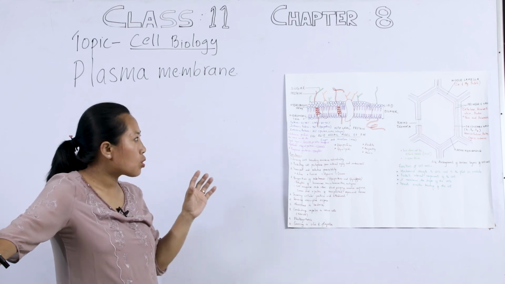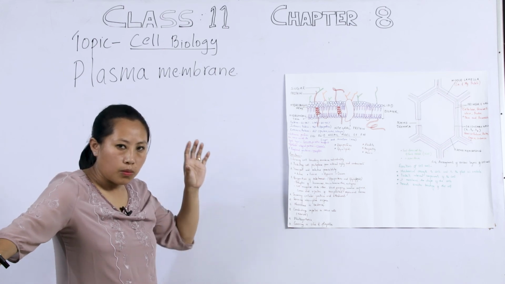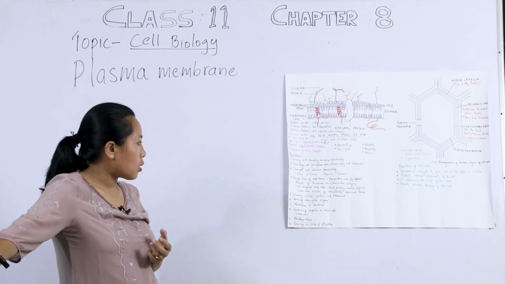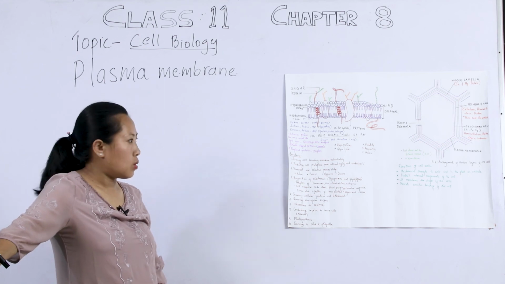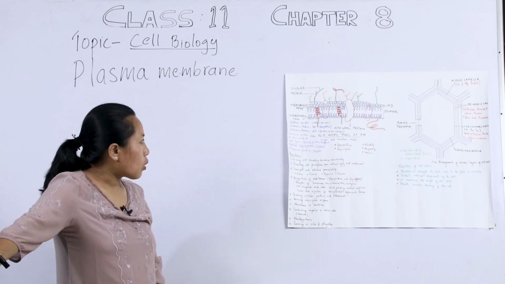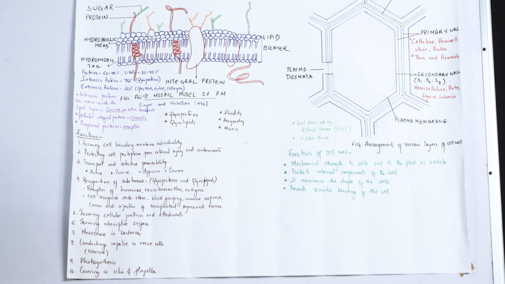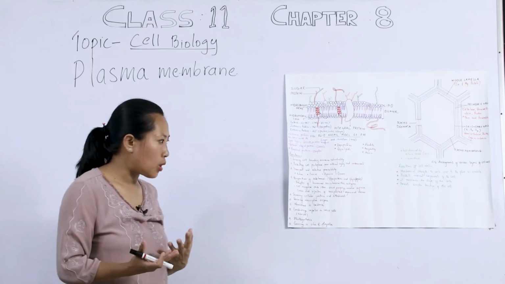They carry the molecules from outside to the inside of the cell, and they can also act as channels for the movement of substances. Then the glycolipids and glycoproteins, which are associated with the proteins and the lipids, act as receptors of neurotransmitters, hormones, and also help in cell recognition, which plays a very important role in blood grouping, immune response, then recognizing the rejection of transplanted organs and tissues.